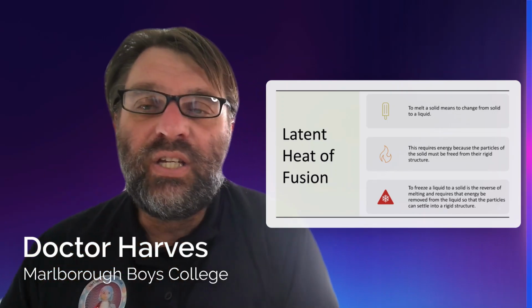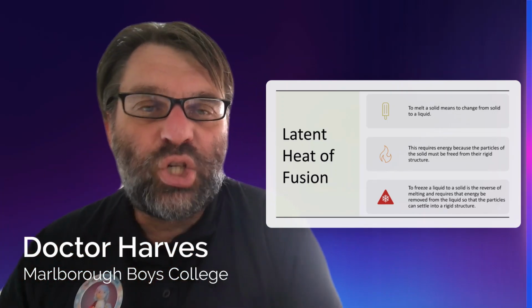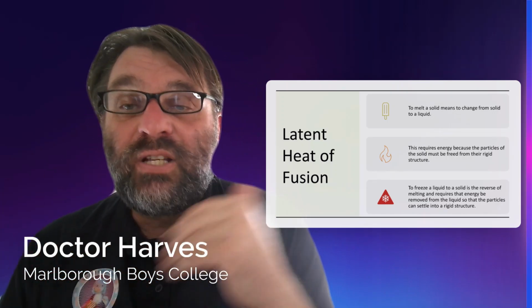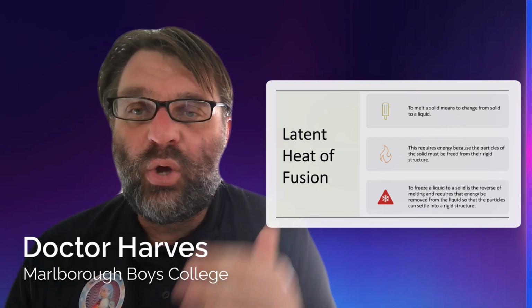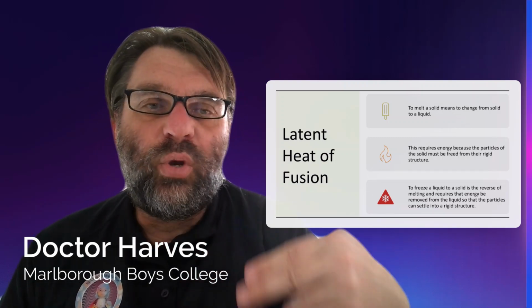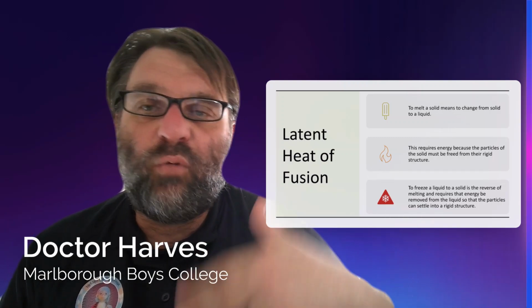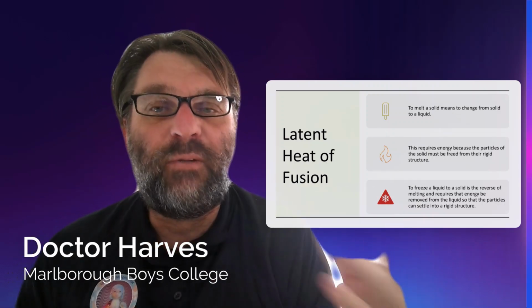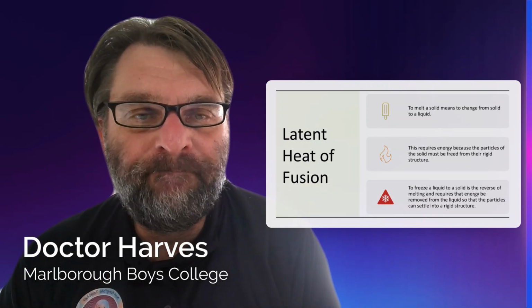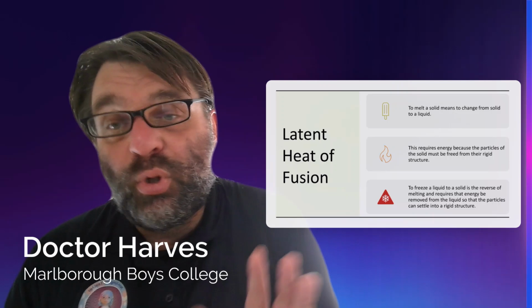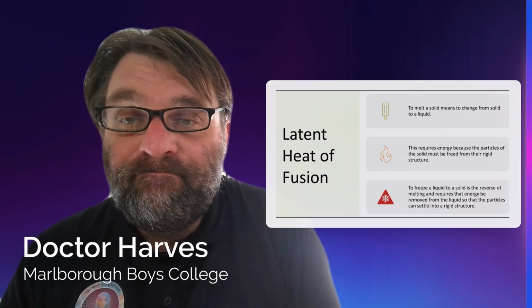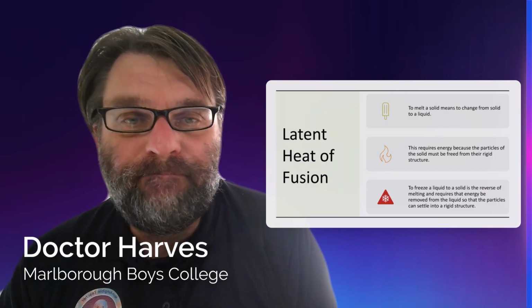The particles are just vibrating in a particular position. And you need to break up those interparticle bonds in order for the substance to form a liquid. So it has to be freed from that rigid structure. And that requires putting in some heat energy, and that's known as the latent heat of fusion.